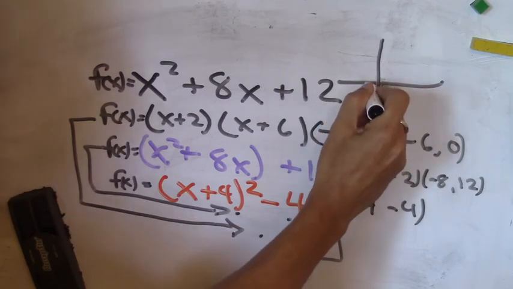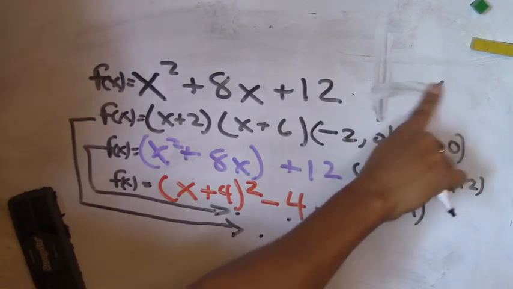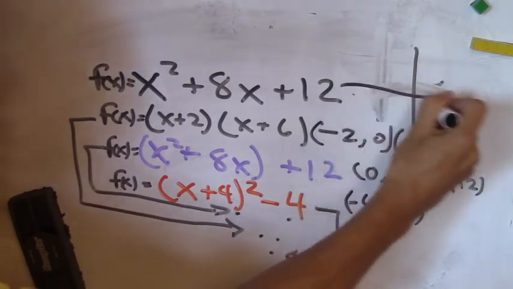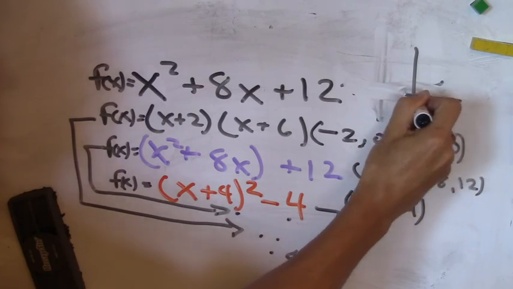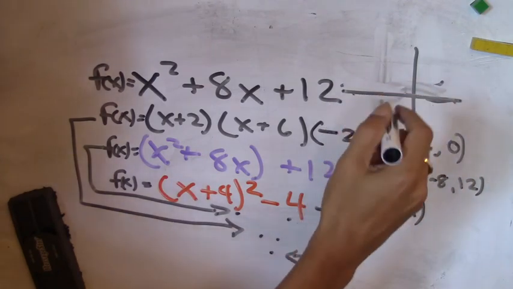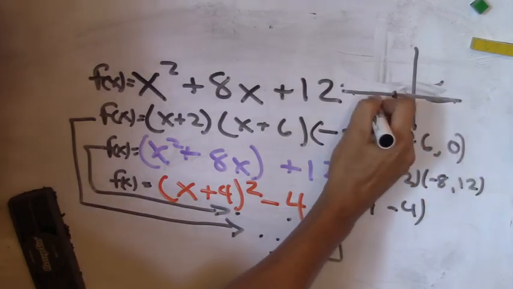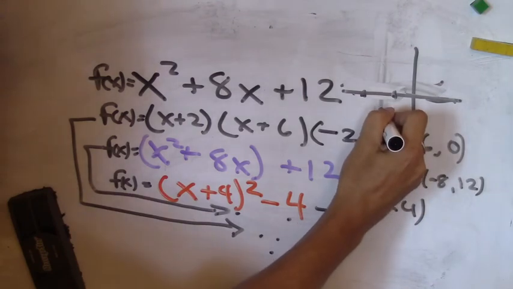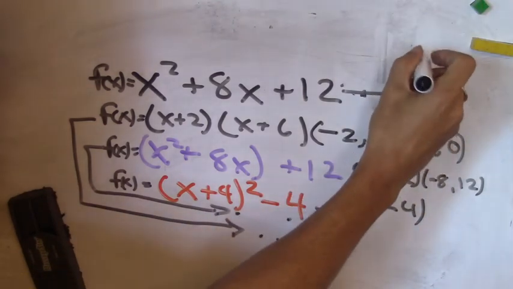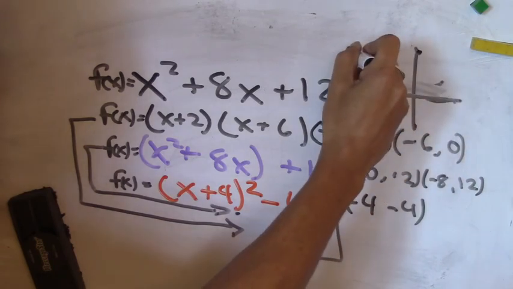Oh man, mine's worse. All right, wait. We'll put it way over here. Make some straight lines. All right, now there's 0, 0. So what am I gonna have? I'm gonna be at negative 2 and negative 6, and then way down here at negative 4, negative 4, and then way up there at 0, 12.